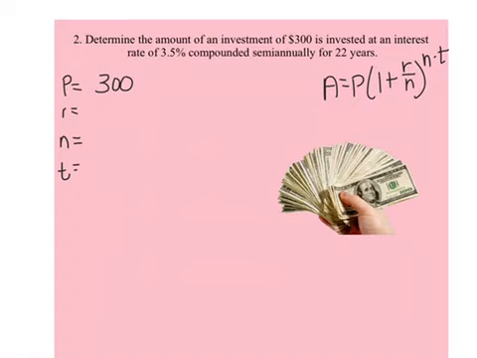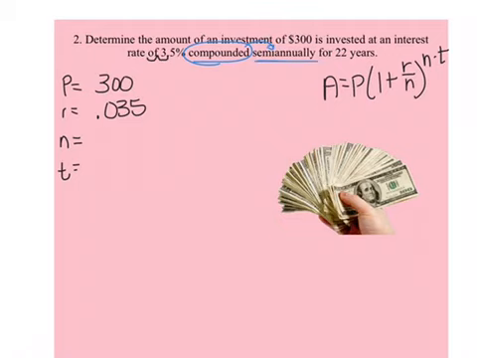R is my rate, and I want that as a decimal. It is a decimal, but it has the percent sign with it, so it's not just straight decimal like we want. We need to turn it into one. So we're going to move it over twice. I'm going to get 0.035. N is how many times it's compounded, so I want to look for the word that comes after compounded. Here's compounded, so the word after it tells me my N, so semi-annually.